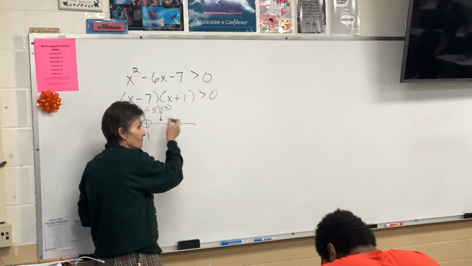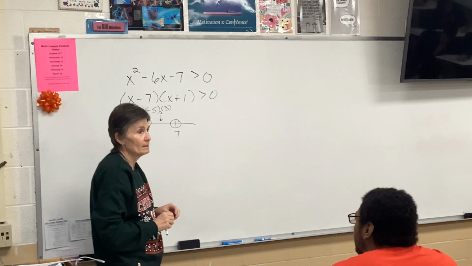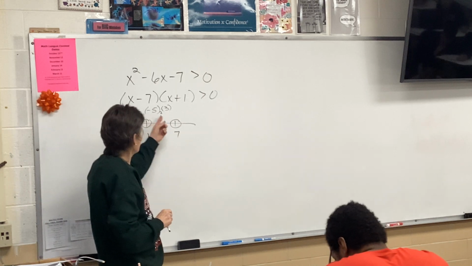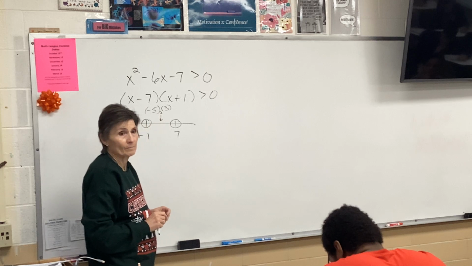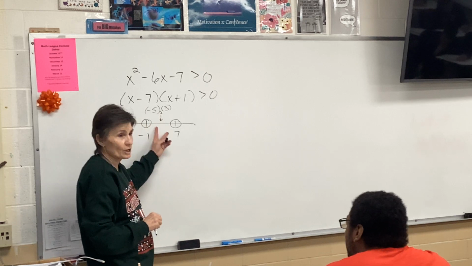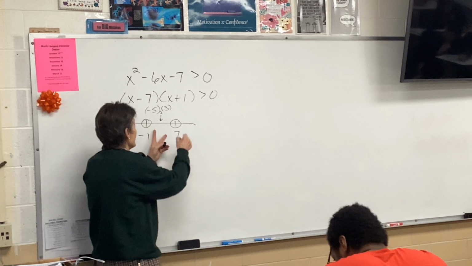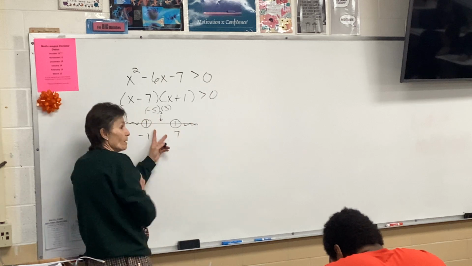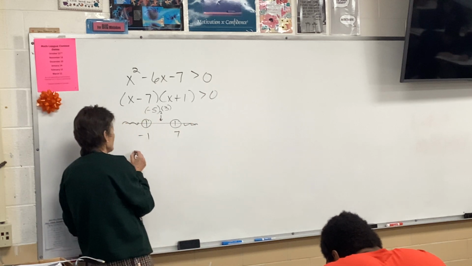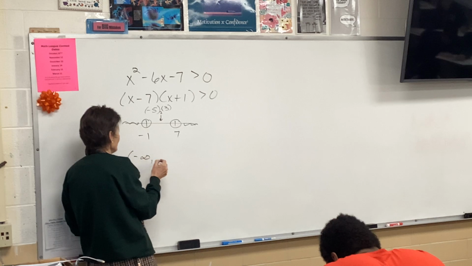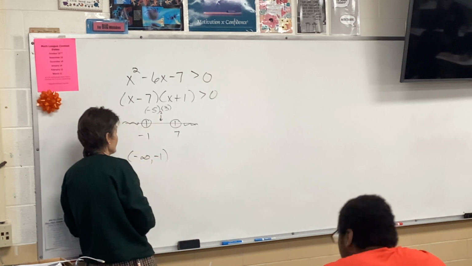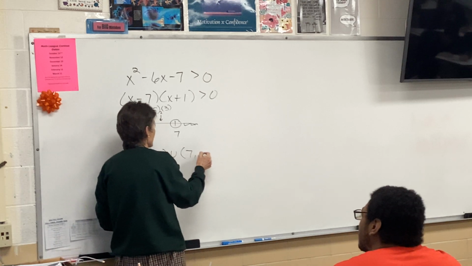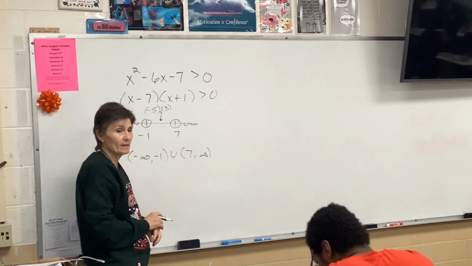That's -15, I'm multiplying. Is -15 bigger than 0? No. So I don't shade where the 2 is, and I do shade the other parts, which means my answer is -infinity to -1, or 7 to infinity. Remember that now, Cam?